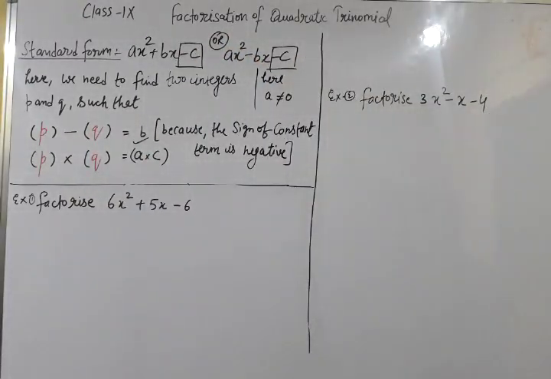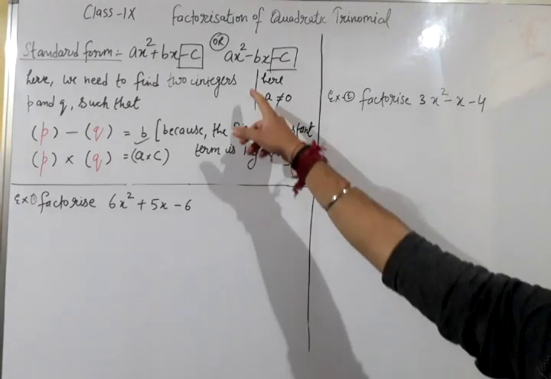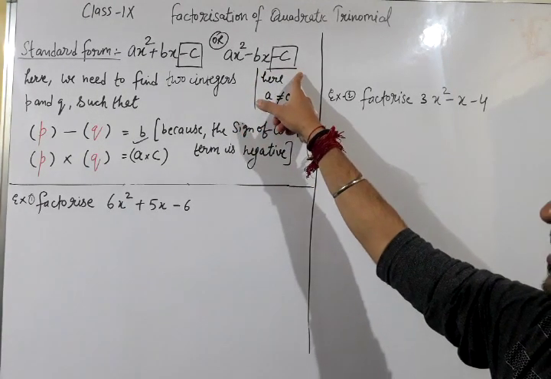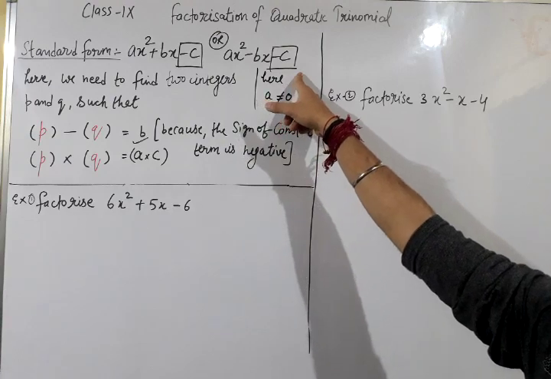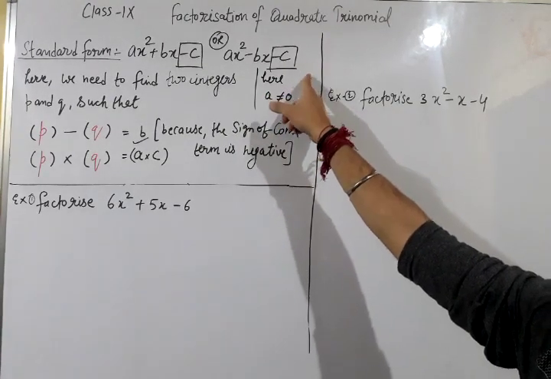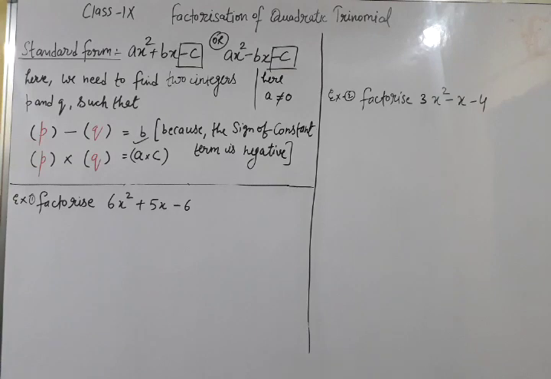In our previous video we studied the standard form ax square plus bx plus c or ax square minus bx plus c, means when the constant term was positive, and here in this video we will study when the standard form of quadratic trinomial has a negative constant term.